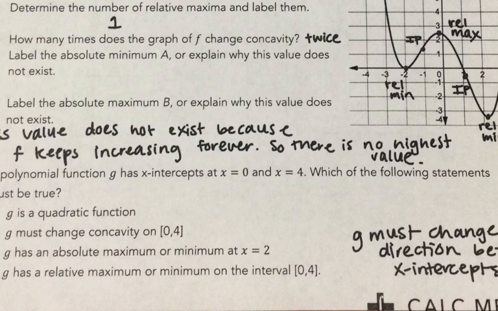Sorry, I couldn't think of the word. Why can this not happen though? Because there would be multiple x-intercepts. There would be more than just x-intercepts at 0 and 4. Right? There would be an infinite number of x-intercepts between 0 and 4. So this can't happen. So it has to go up or down. So it has to reach a max or min at some point to turn back.